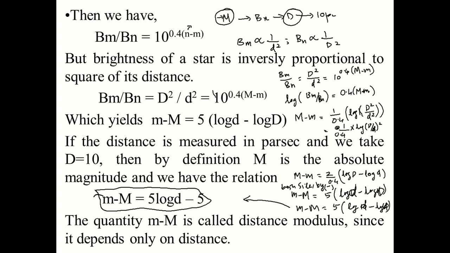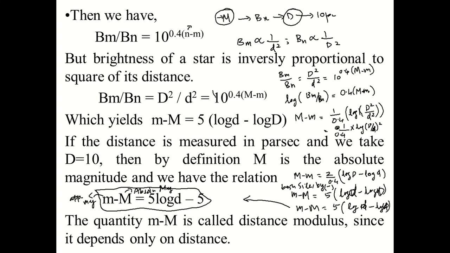Small m is the apparent magnitude and capital M is the absolute magnitude. So what we obtain is m minus M is equal to 5 log d minus 5, where d is the distance of the star.